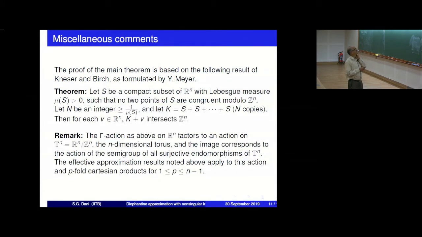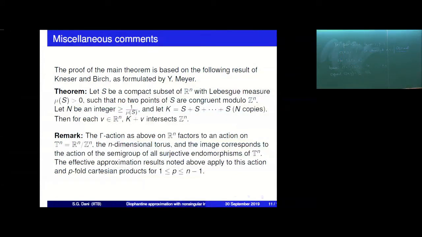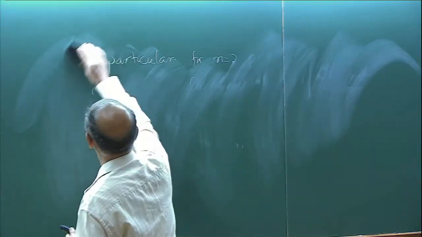The proof of the main theorem is based on the following result. This goes back to Kneser and Birch, and we use the formulation by E. Meyer in his book on algebraic numbers or something. It is formulated by E. Meyer, and it is the following.